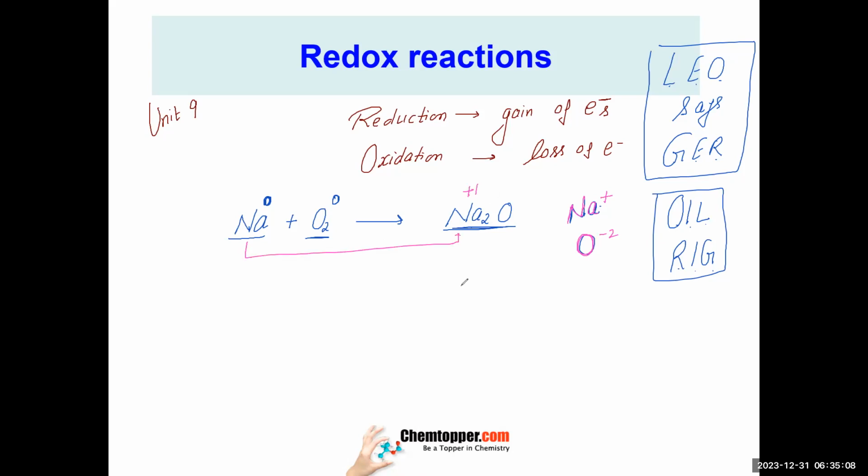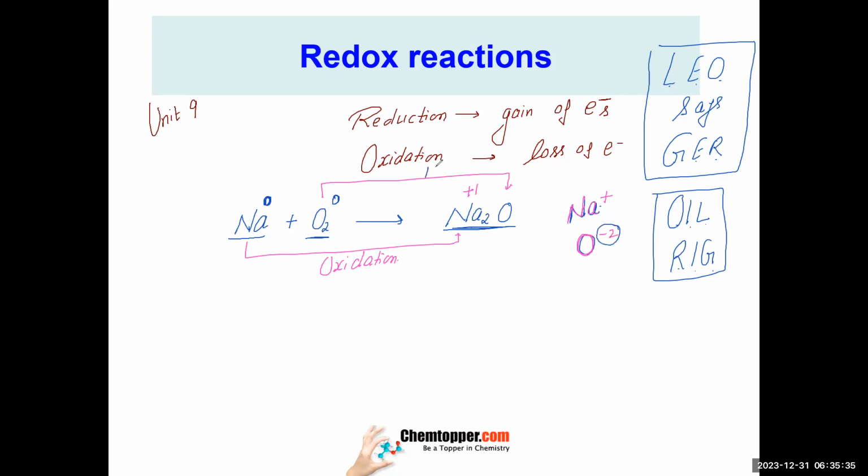So what is sodium doing? Losing electrons. Sodium is losing electrons, so can I say sodium is undergoing oxidation? And what about this oxygen? Oxygen is gaining 2 electrons, right?